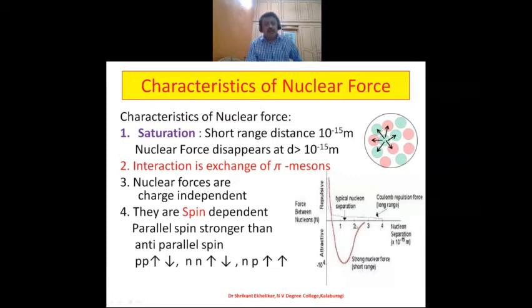That is, pp interaction, nn interaction, and np interaction are the same. Therefore nuclear force is always attractive. It is independent of the charge of particles. The force between two protons which are positively charged, between two neutrons which are neutral, and between a neutron and a proton are always strong and always the same.